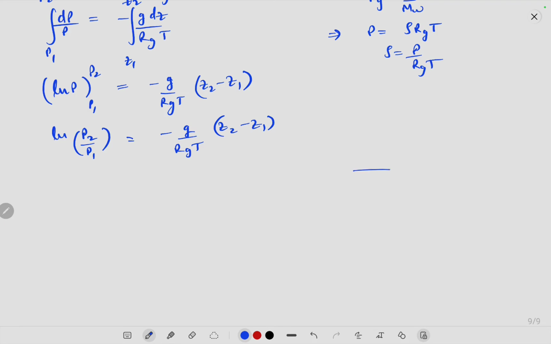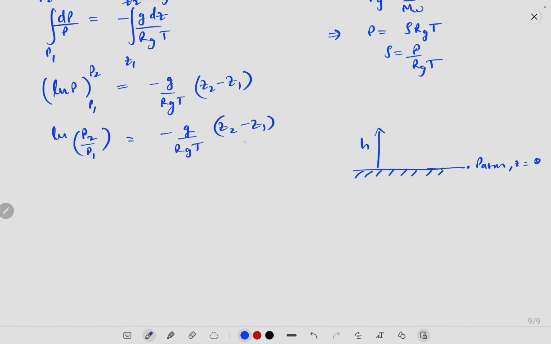Now let's say this is our Earth's surface and this is P atmospheric at this Z equal to 0, and we want to find the pressure value with respect to height h.